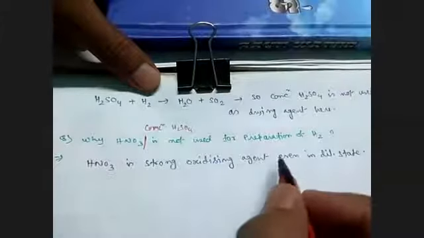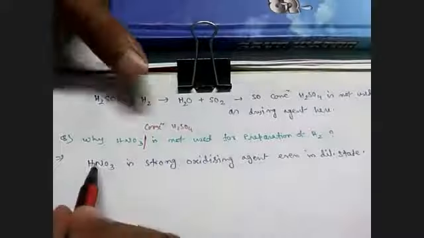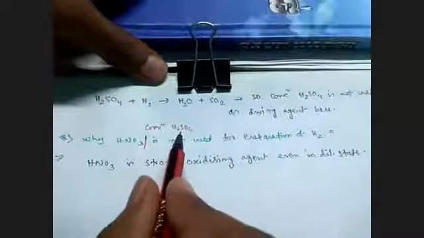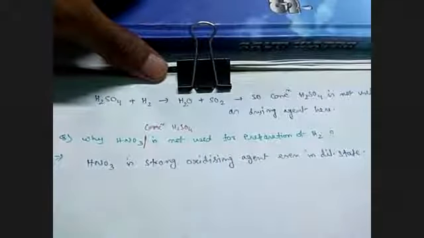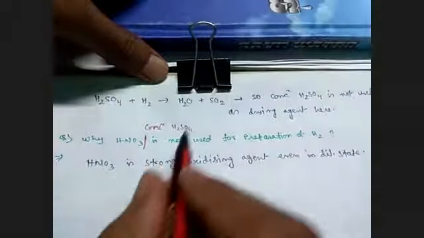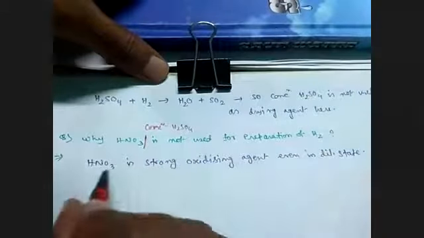So if we use nitric acid, we will not get hydrogen, because nitric acid will oxidize the produced hydrogen into water. Similarly, concentrated H2SO4 is a strong oxidizing agent, so it will oxidize hydrogen into H2O. Clear? But dilute sulfuric acid and dilute HCl are used because they are not such strong oxidizing agents. So nitric acid is a strong oxidizing agent and concentrated H2SO4 also. You can write the same answer for both.